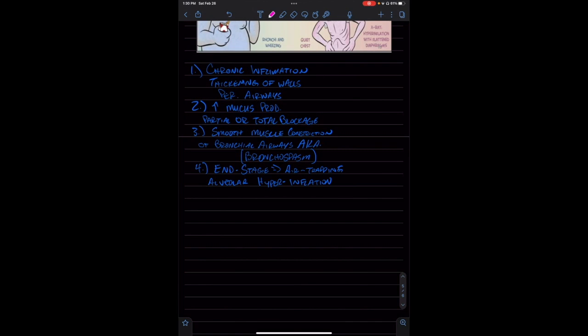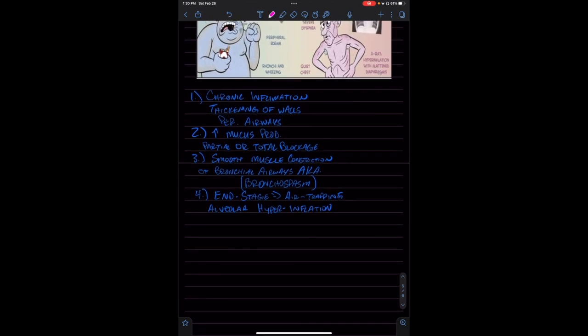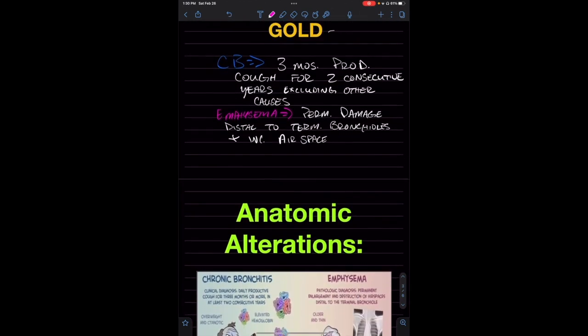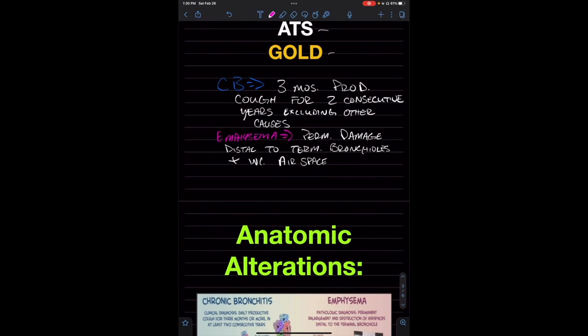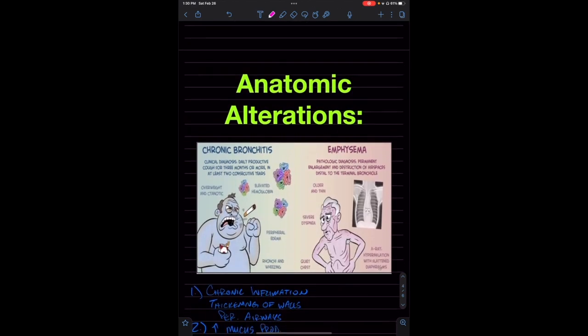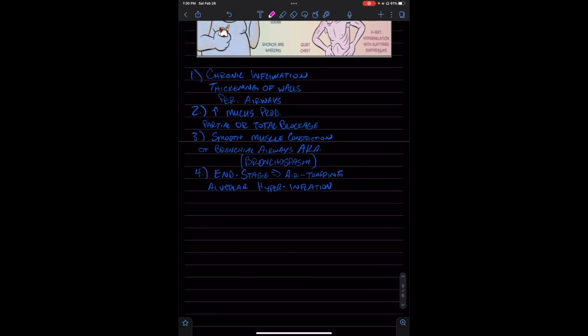So now let's jump into emphysema, right? Emphysema, if we go back to the definition, is permanent damage distal to the terminal bronchioles. So we're going to have a permanent enlargement and destruction of the air spaces.